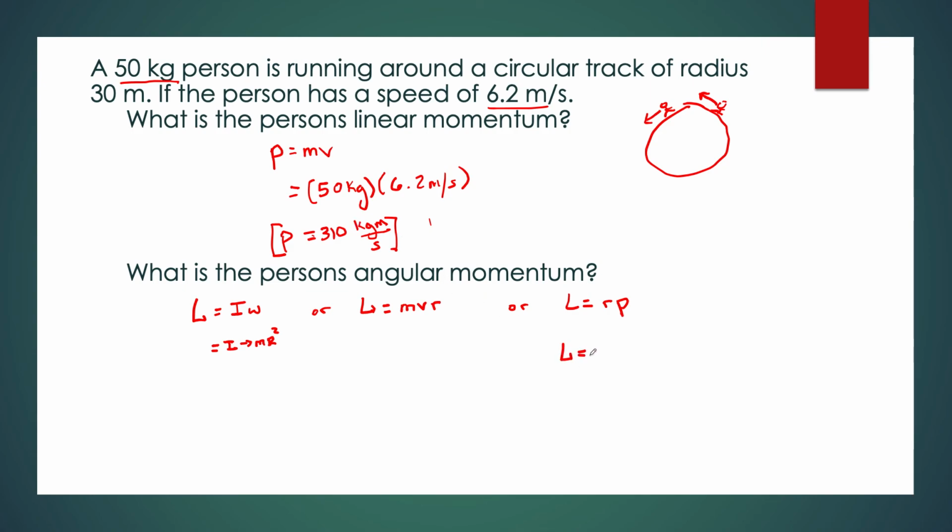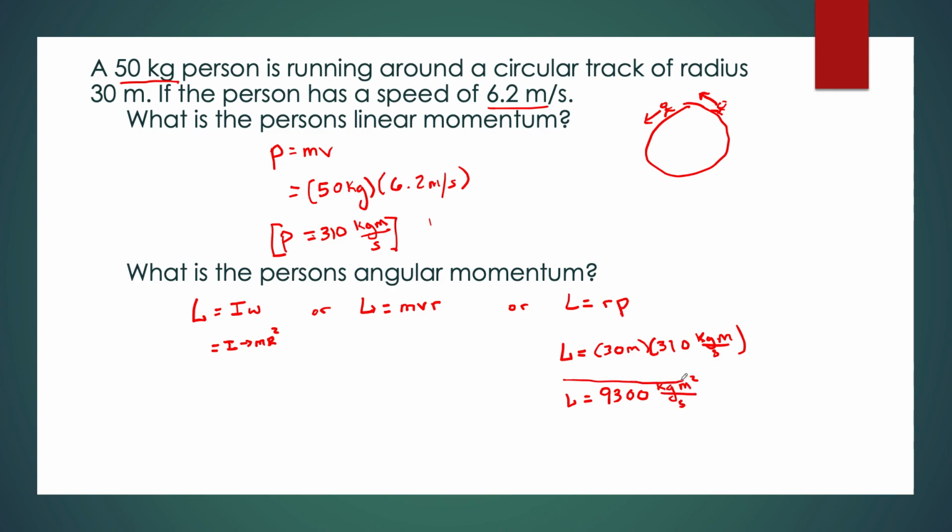So we'll take this one off to the right, because we already found what p is. The angular momentum will just be 30 meters times our linear momentum. Then you can solve this, and we get 9,300 kilogram meters squared per second.